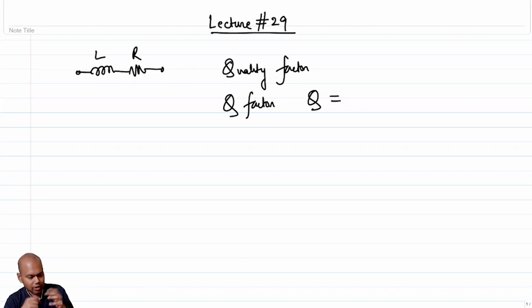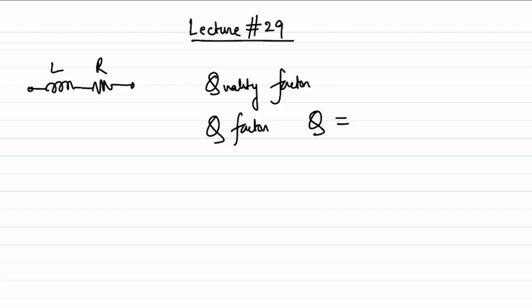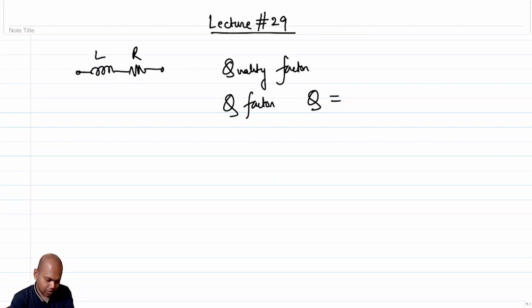So the more formal definition of Q factor therefore has to do with the stored energy, because the inductor is essentially in this case storing the energy, and R is dissipating the energy.